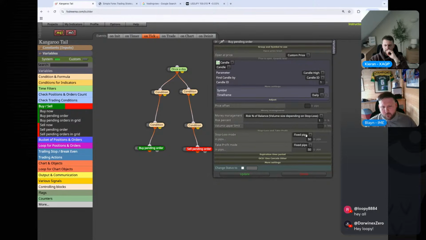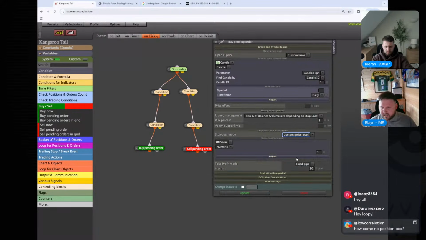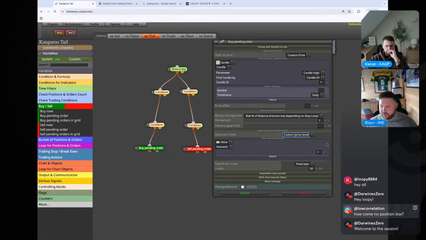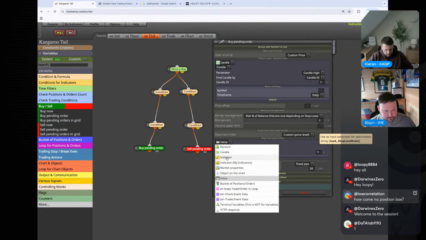And then what we're going to try first, because we'll test something quickly. How come no position block? Well, all I'm doing is building it first, and then we can put in things later after that. So just bear with me. What I'm going to be doing is closing it at the end of the day, so only one trade will be taken per day, so there is no need for no position.